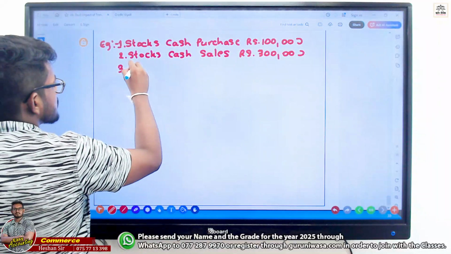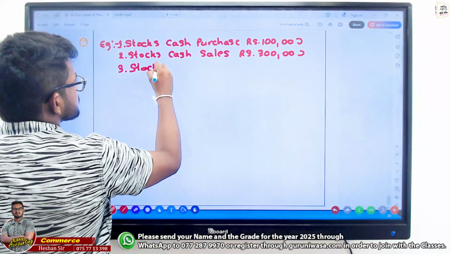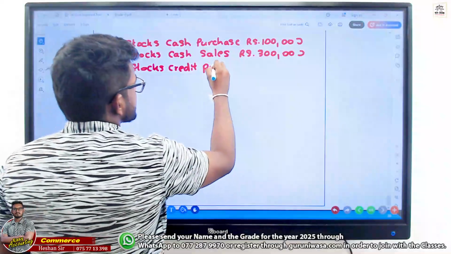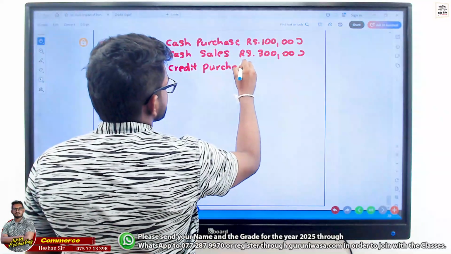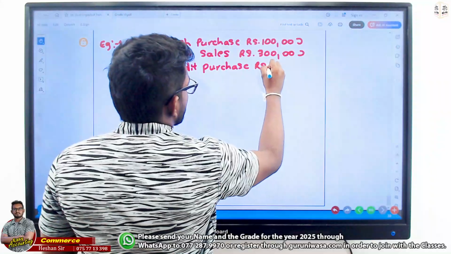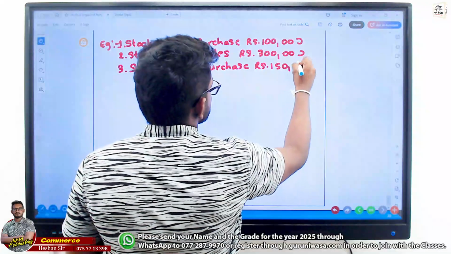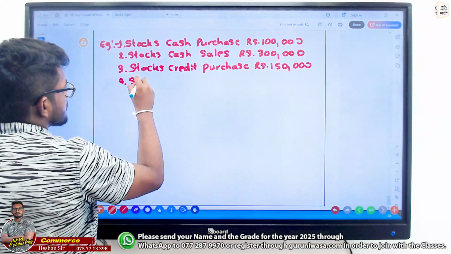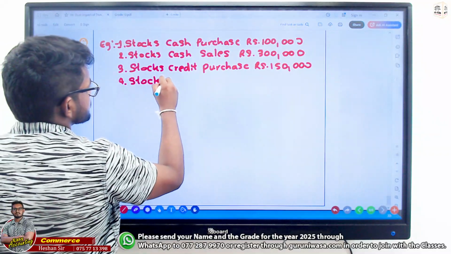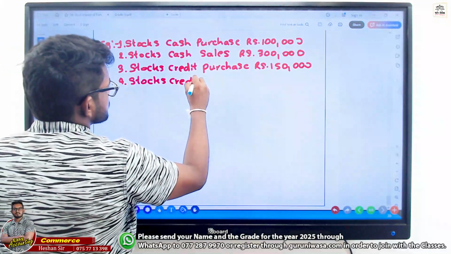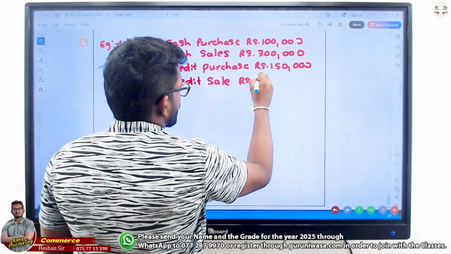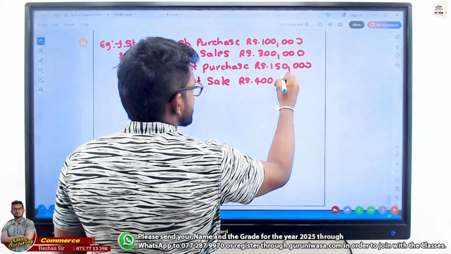Number 3: stocks credit purchase, rupees 150,000. Number 4: stocks credit sale, rupees 400,000. Easy, clear, you guys?